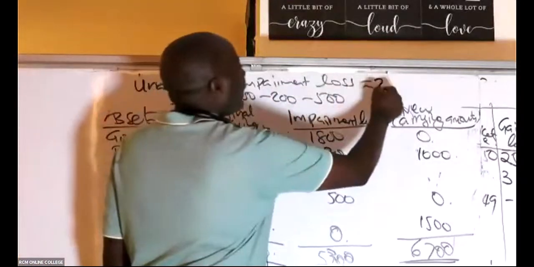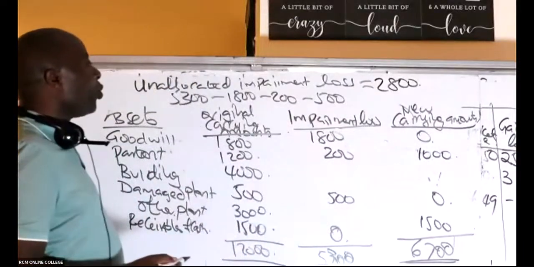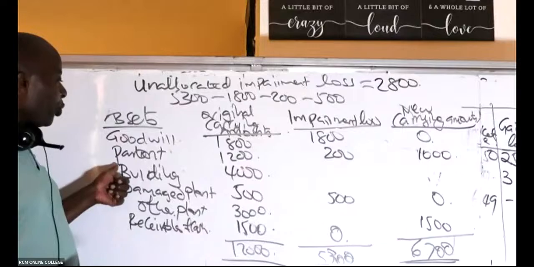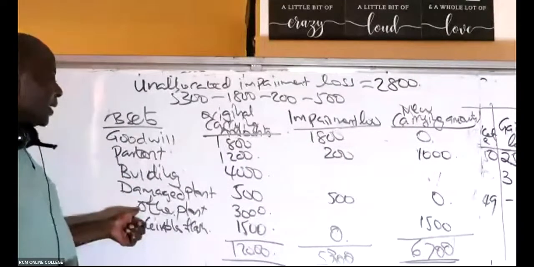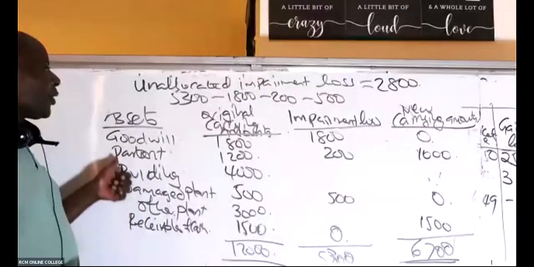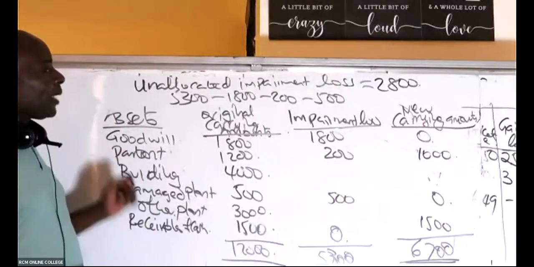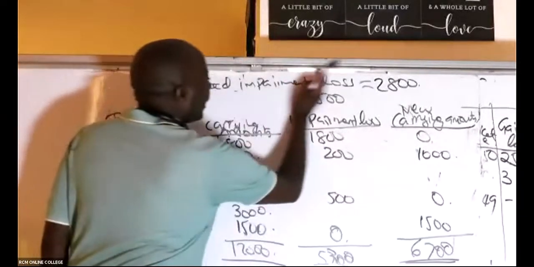So it is this 2,800 that we shall now allocate, we shall apportion to the building and the other plant, actually 2 of them only. So allocate the 2,800 to the buildings and the other plant.